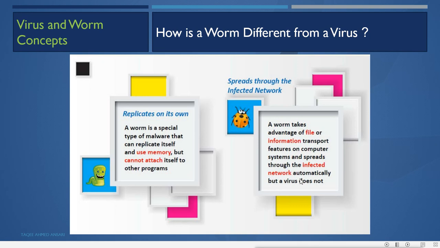Very simply, a virus needs another program in the system, but worms don't need any other program. It is an independent program. Viruses don't spread into the network, but worms can spread into the network automatically. And worms also carry the viruses itself.